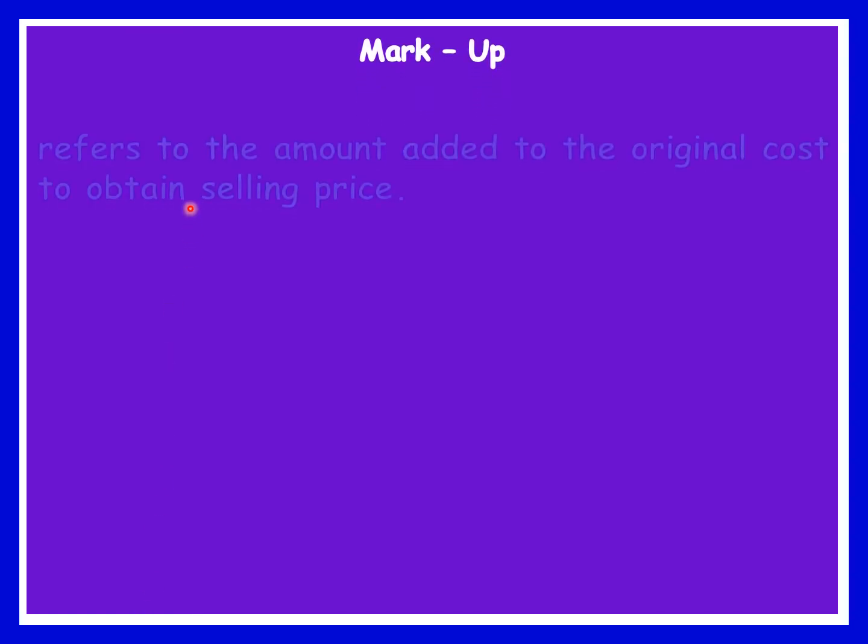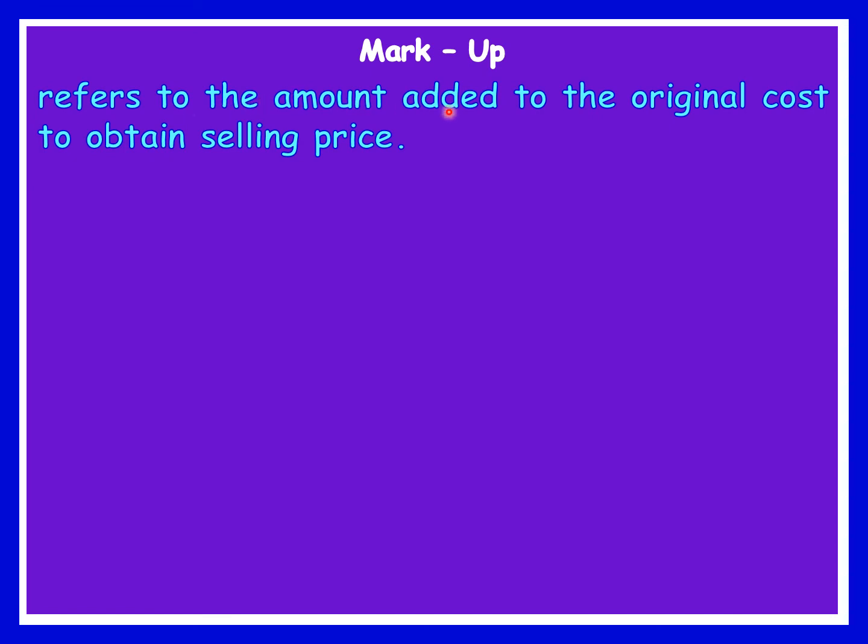So, let us just recall about the markup. When we say markup, this refers to the amount added to the original cost to obtain selling price. And after having the selling price and you are planning to increase once again the selling price, that will be the mark on.